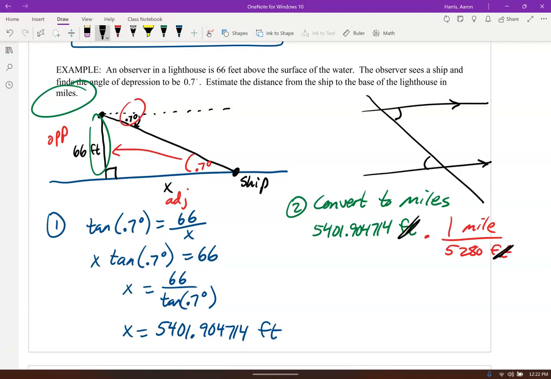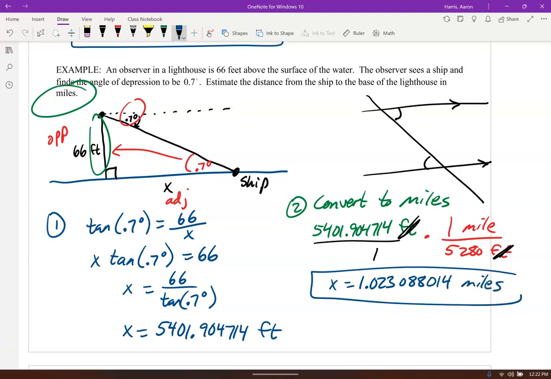Feet cancel. This is over 1. So I get 5401.90474 divided by 5280. There it is in miles, 1.023 miles.